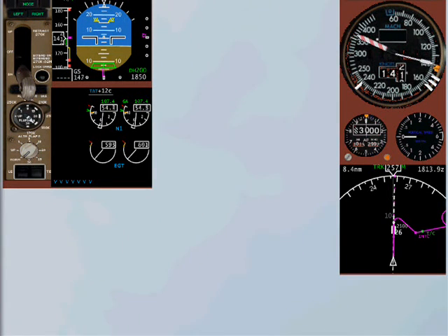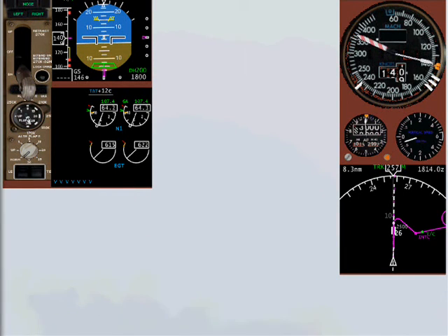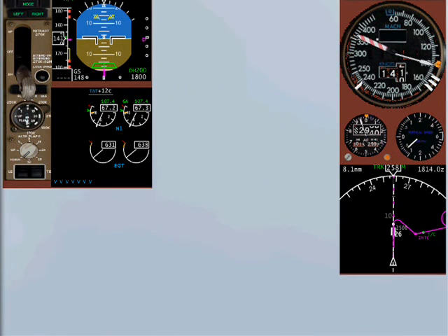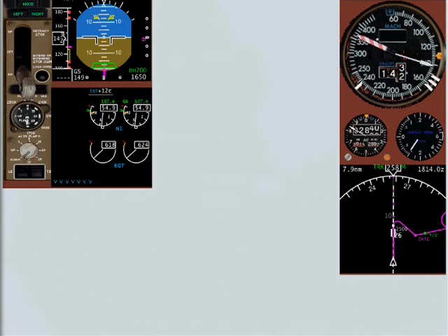Then the final approach pitch, attitude, and power are set. Now, pitch changes maintain the glide slope, and thrust changes maintain the airspeed at 140 knots.